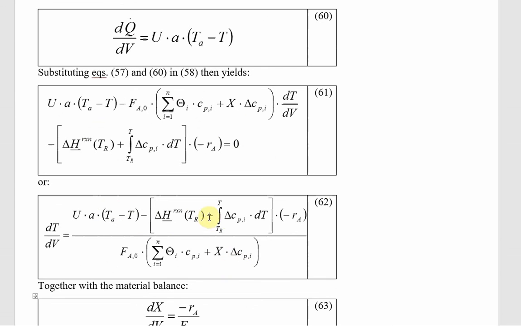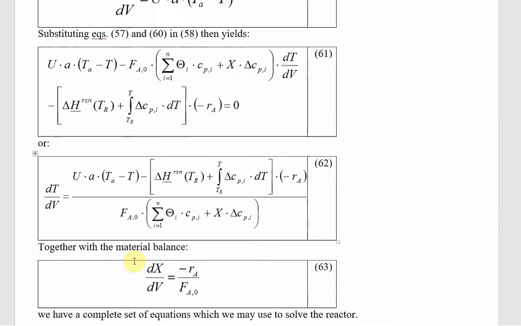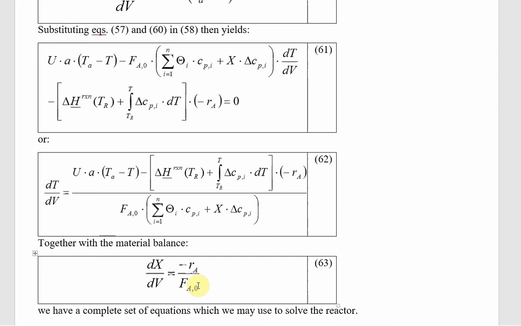And so you can see here that this equation does depend on temperature and conversion. So behind this reaction rate, this rA over here, there is an X that we have to find. And then also X appears here explicitly. And we know that X is going to vary with volume. So we need to solve this equation simultaneously with this one.